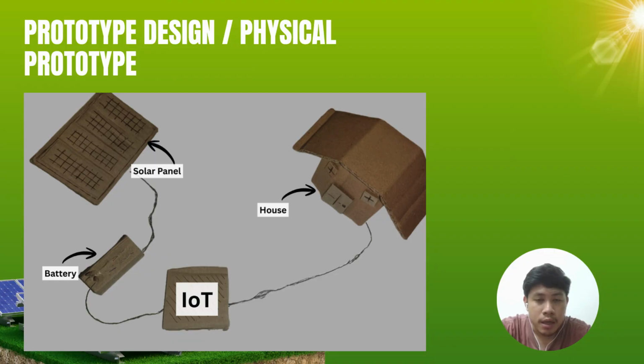The next component, which is an important component of this concept and is represented in this prototype, is the IoT. We can see the IoT as the brain of the operation, where it connects both the energy storage, which is the battery, and the consumption of the battery.